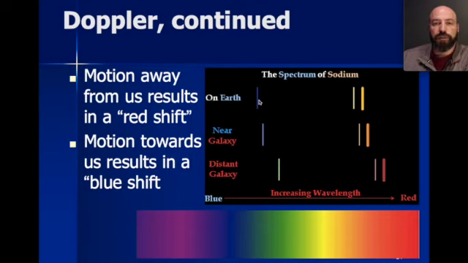Here on Earth, it would look like this, but it shifted more towards the red side of the spectrum. If it was moving towards us, it would be shifted towards the blue side. Now, they don't call it a violet shift because just beyond violet is ultraviolet, and if it shifts off of violet, then we don't see it anymore. So blue can still shift into violet.